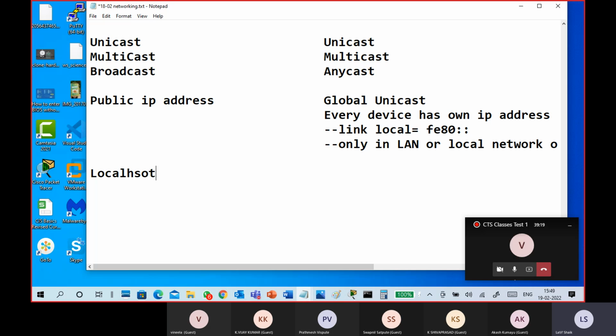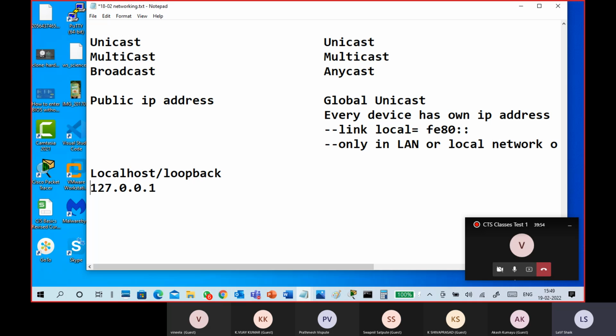Next, localhost or loopback IP address is 127.0.0.1. What is a localhost IP address? Every PC itself is a localhost. For example, my PC has a name, but my PC name, your PC name and someone else's PC name are different. Like mine is PC1, PC2, PC3, PC4.